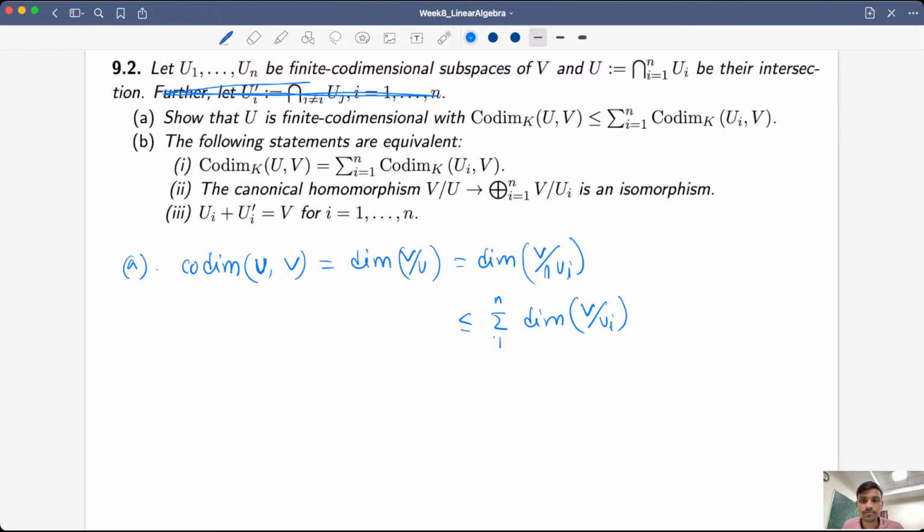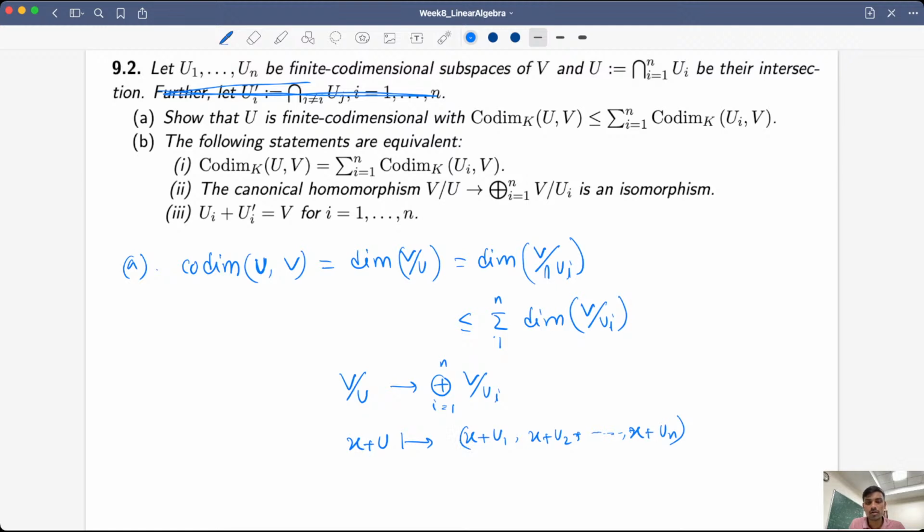To see that, just consider the map from V mod U to the direct sum of V mod Ui, i equal to 1 to n, where U is exactly the intersection of the Ui. What you do is send x plus U to x plus u1, x plus u2, all the way up to x plus un.